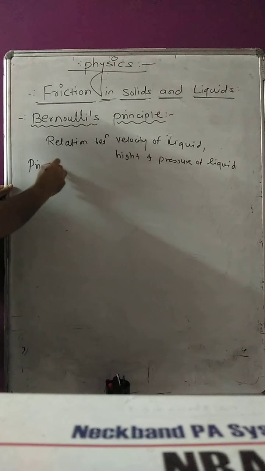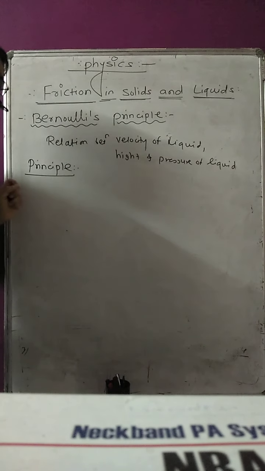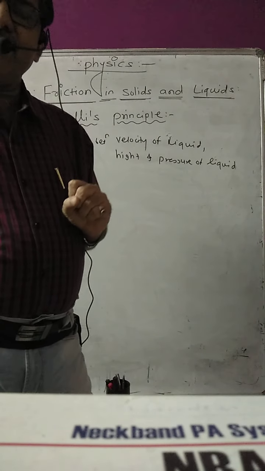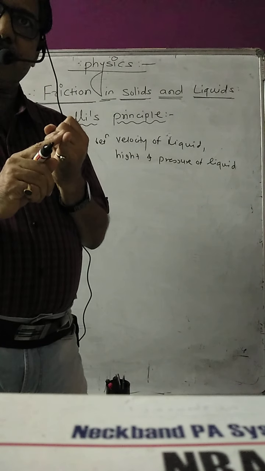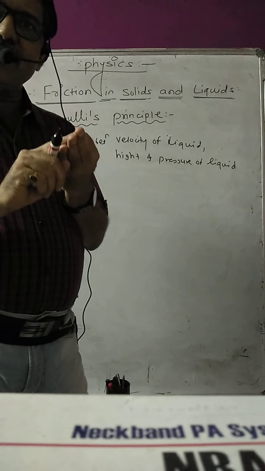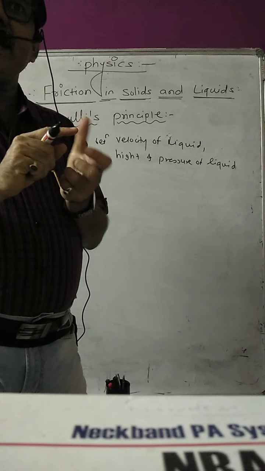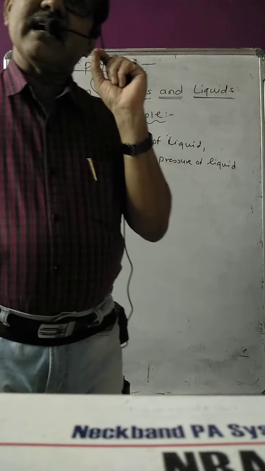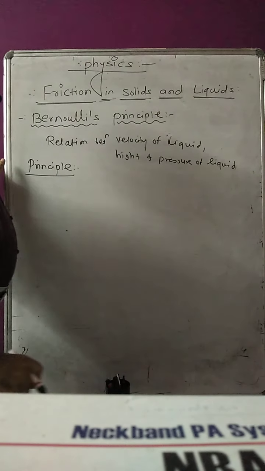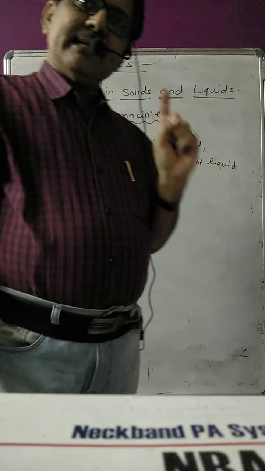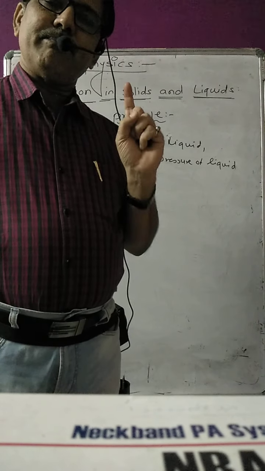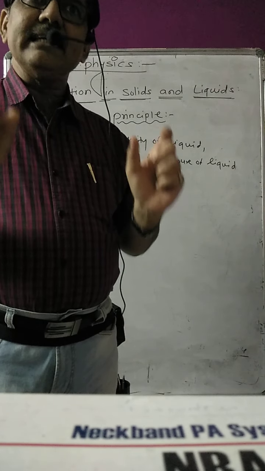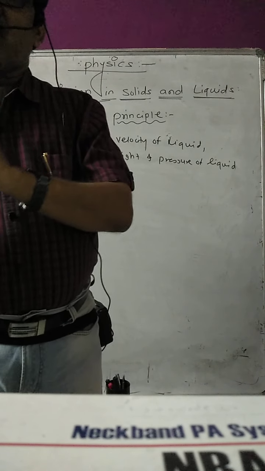Bernoulli's principle states that for an ideal fluid, that is a streamline, steady flow, non-viscous, irrotational and incompressible liquid, the sum of kinetic energy per unit volume, potential energy per unit volume and pressure energy per unit volume always remains constant.